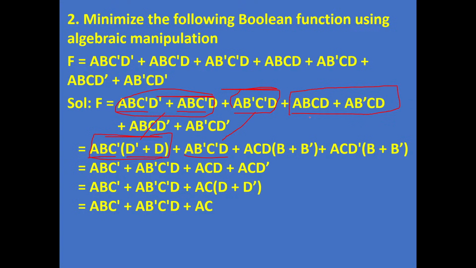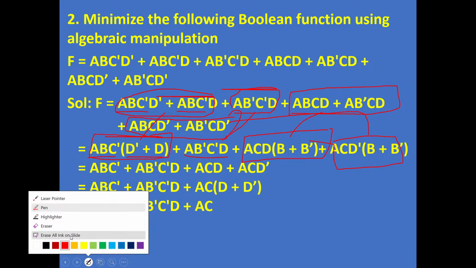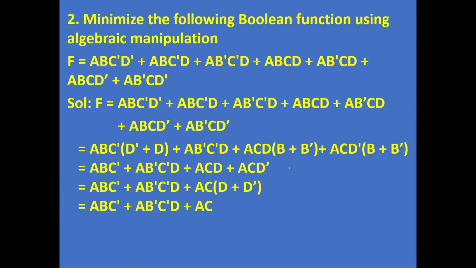I have taken ACD common, and I have got B plus B bar, and later on I have solved this expression, and I have got this expression from that. Simply taking three common terms and a single uncommon term, putting them in a bracket.